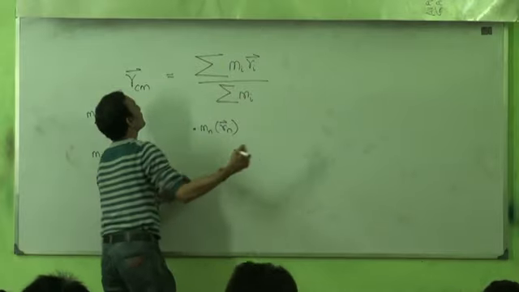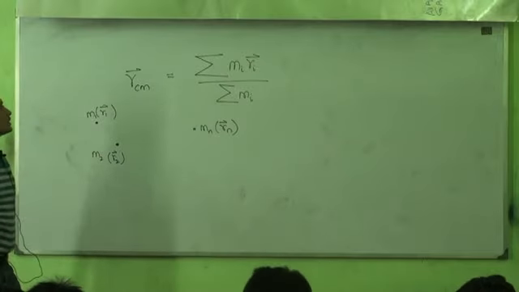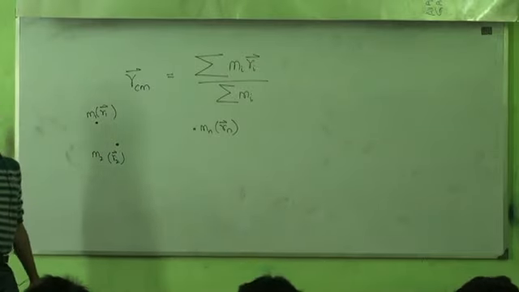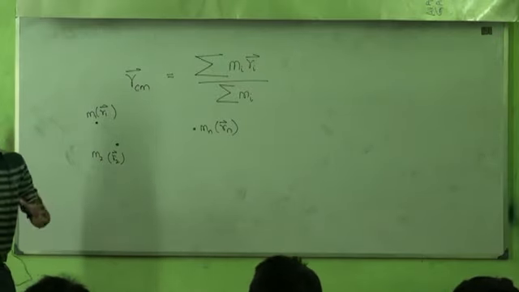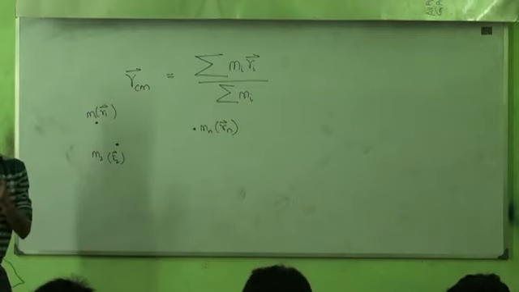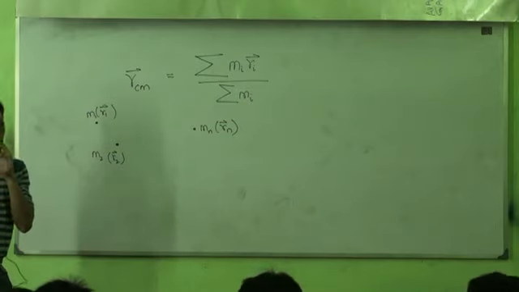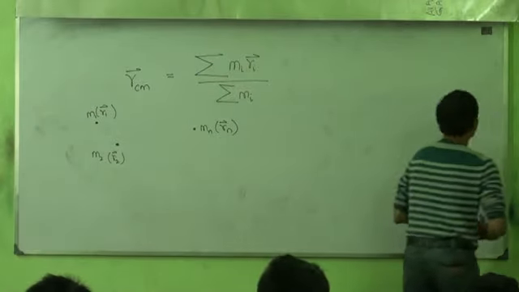This summation is carried out over the entire collection of discrete particles. That's the center of mass position vector of the representative particle, if one wants to apply Newton's second law to it. Got me?